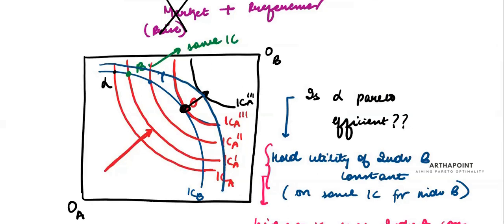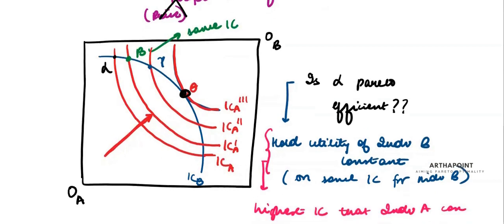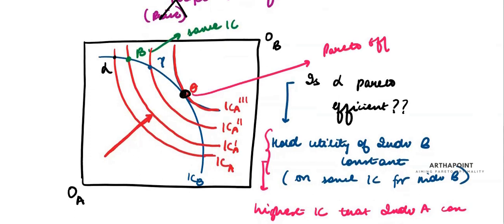Individual B will have to go towards his origin. Otherwise, holding individual A's indifference curve at blue, individual B's indifference curve at blue, individual A cannot go higher, cannot go in a region more than that. So we say that this is a Pareto efficient point.